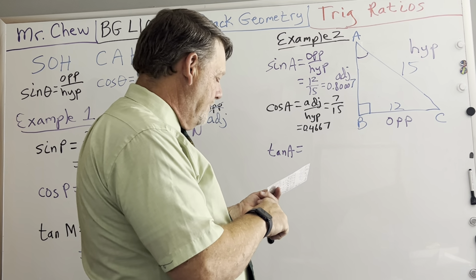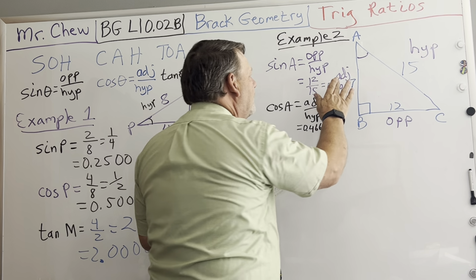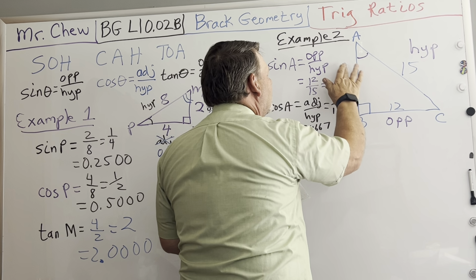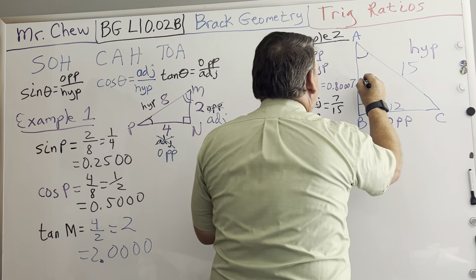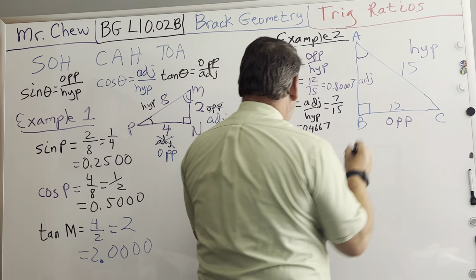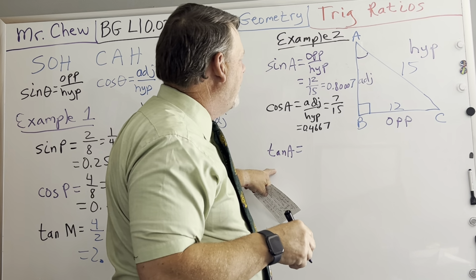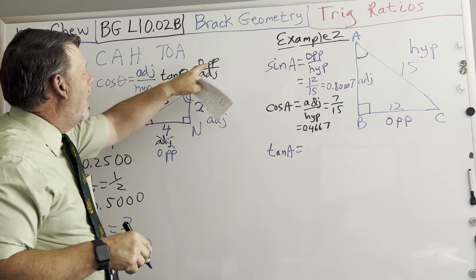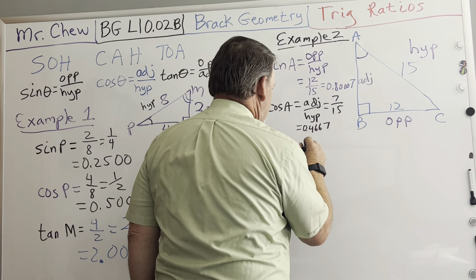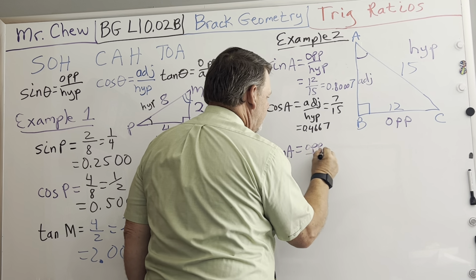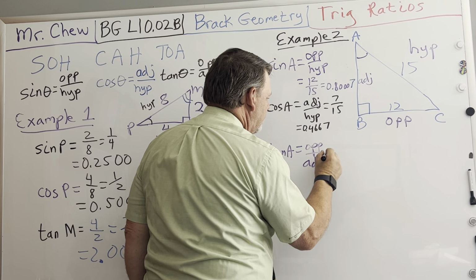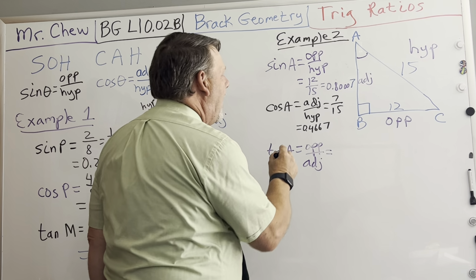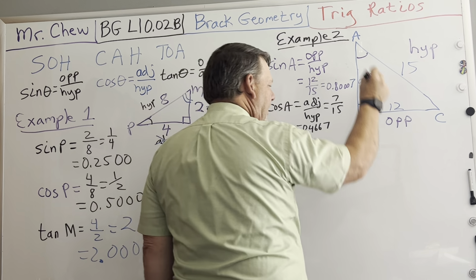All right. Now, I'm going to move this just so it doesn't. This is the adjacent side right here. So the tangent of A, TOA, opposite over adjacent. And the opposite of A is 12 over the adjacent is 7, and I have no idea what that is.